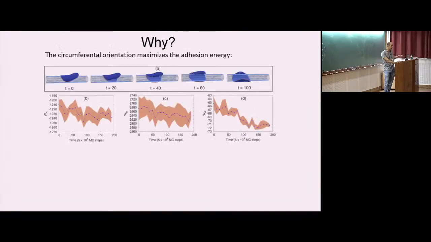And now you can ask, okay, but why? Why does it want to rotate and not go straight? What's the difference? So as I said, we have all the energy terms, so we can see what happens to the energy when it starts in this state as compared to when it is perfectly rotating. And you can see that the adhesion energy is slightly getting better, so it's decreasing.